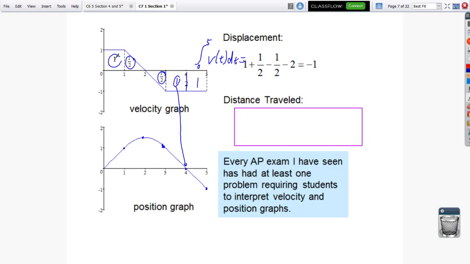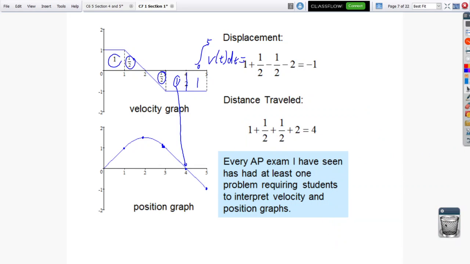They mean the same distance, whether I'm going forward or backward. So when I've traveled forward 1.5 units and then traveled backward 1.5 units, this distance traveled from 1 to 4 is actually 3 units. Then I add on that extra 1 unit there to get my total distance traveled of 1 plus 1/2 plus 1/2 plus 2, which is equal to 4.